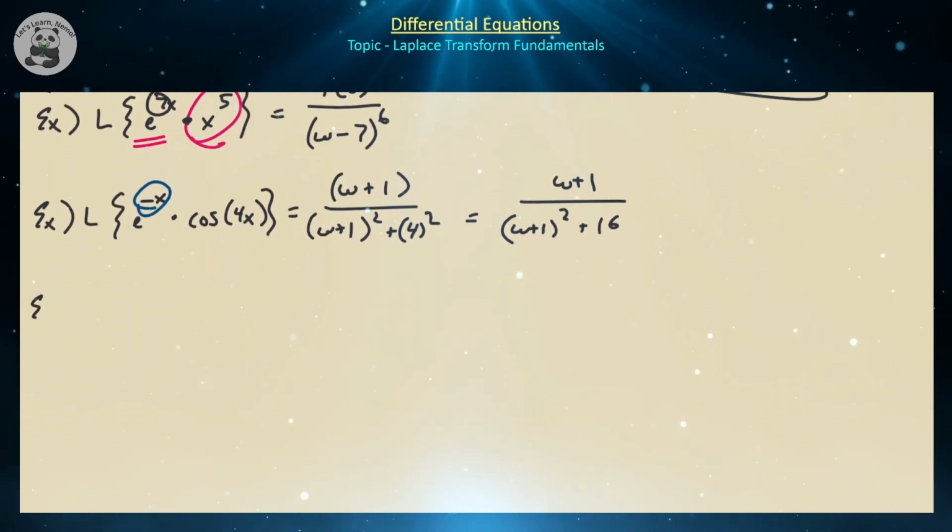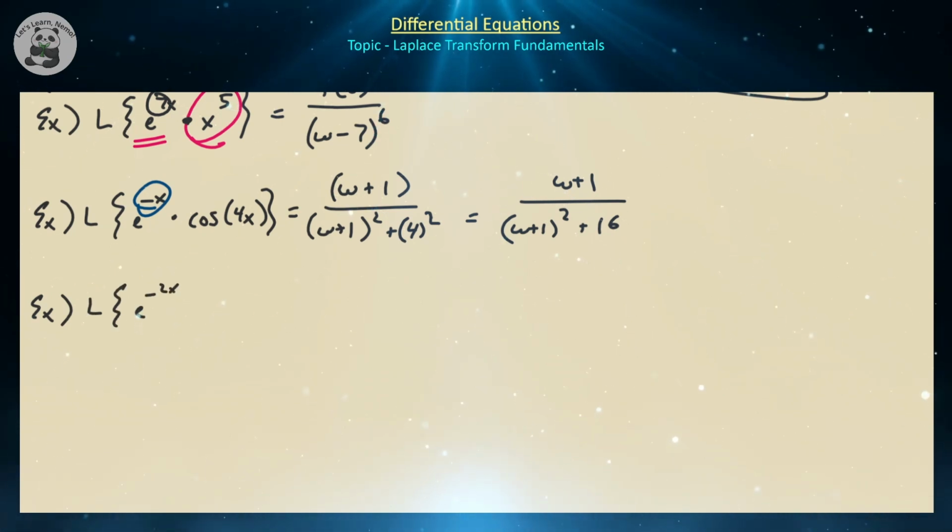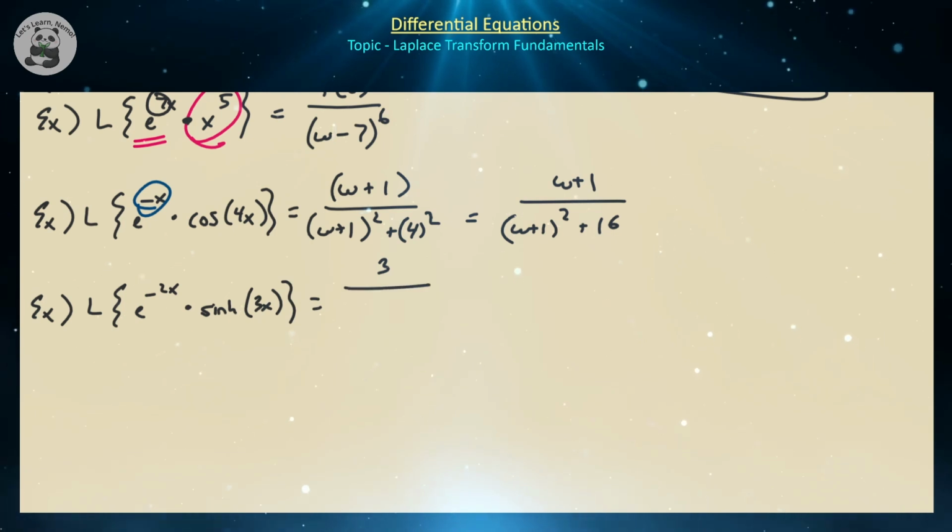Similarly, if we have the Laplace transform of e to the minus 2x times the hyperbolic sine of 3x, that's going to be equal to 3, because remember sine and hyperbolic sine have a constant on top, over omega plus 2, the quantity squared. Hyperbolic sine has a minus sign in the middle, minus 3 squared, which is 9.